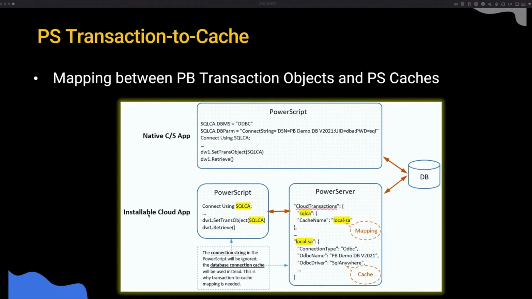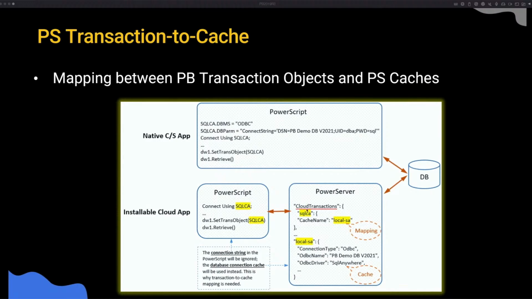The installable cloud app provides a more secure way in which the database connection is made from the PowerServer to the database, so a server-to-server connection. The database connection information is stored in a cache in PowerServer, and the transaction object is only used to find the connection cache.